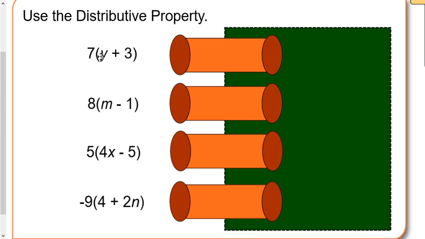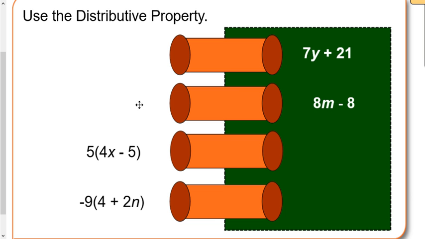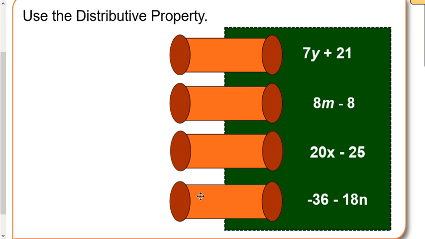I'm going to put them through the tube one at a time, and we'll transform them and see if we got it right. 7 times y plus 3 is 7y plus 21. 8 times m minus 1 is 8m minus 8. 5 times 4x minus 5 is 20x minus 25. Negative 9 times 4 plus 2n is negative 36 minus 18n.